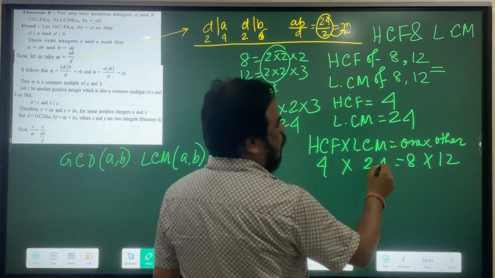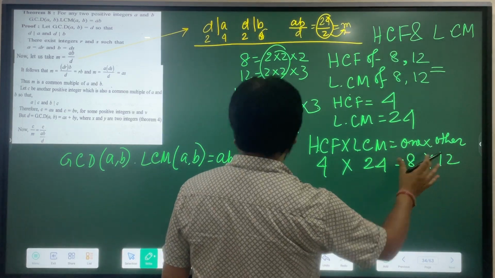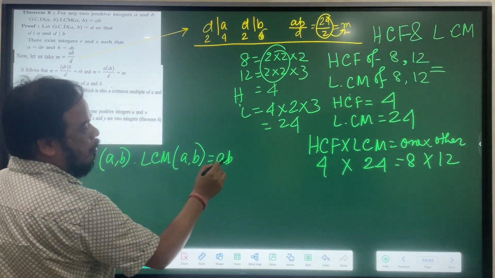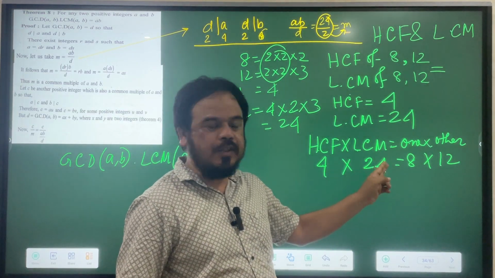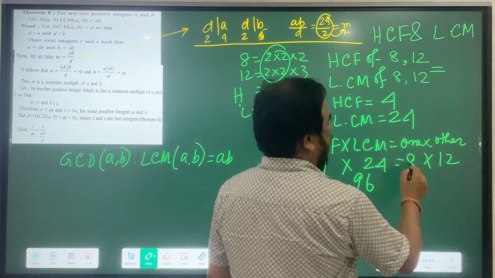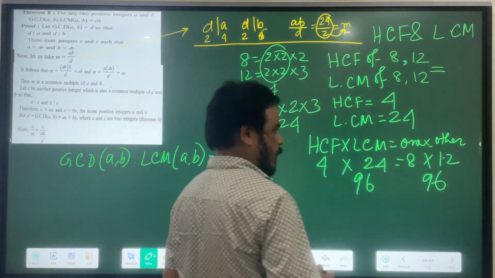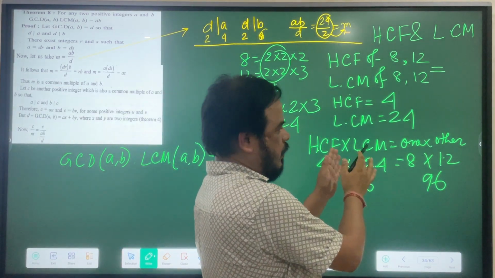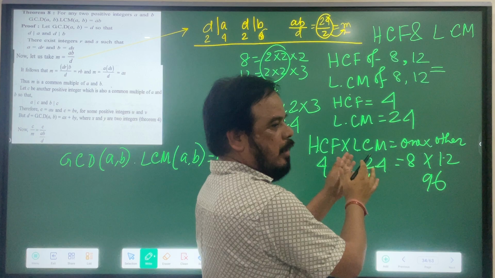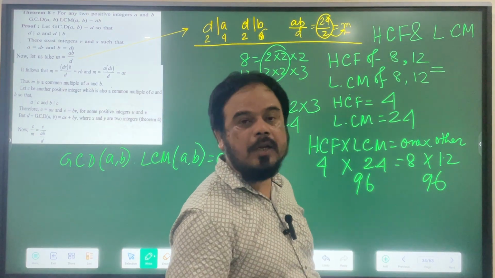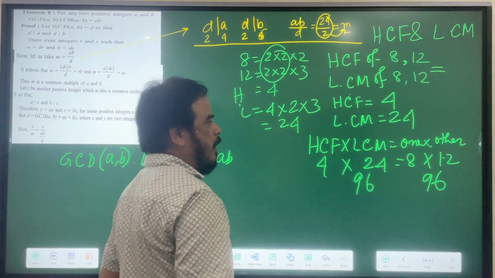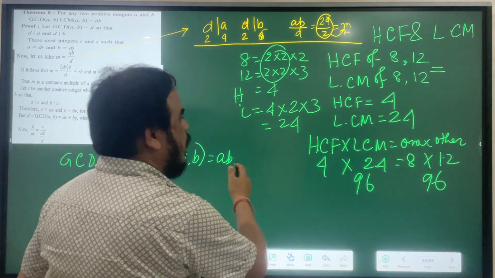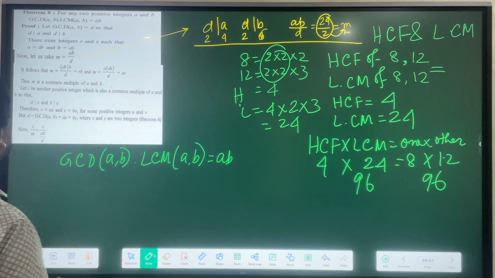Same thing. 4 into 24 is 96. 8 into 12 also 96. This is what is given, in easy language. This is related to general maths, which we already got. You have that experience. So if you have understood this one, then you will surely understand this one.